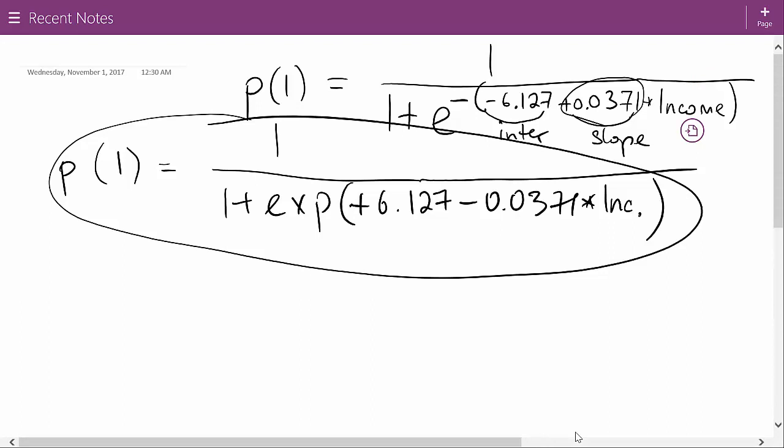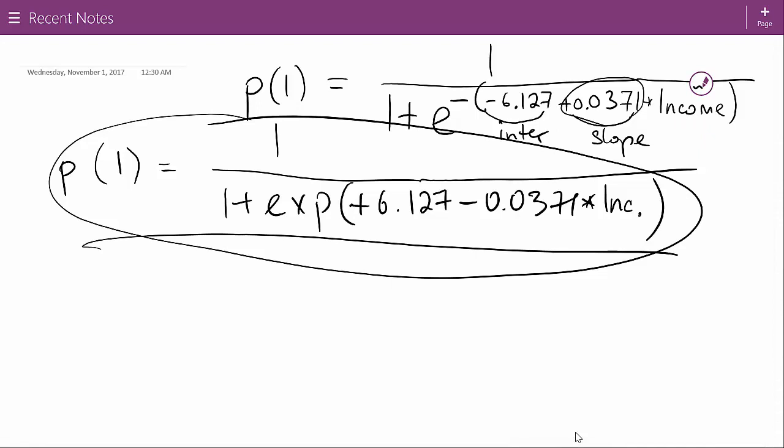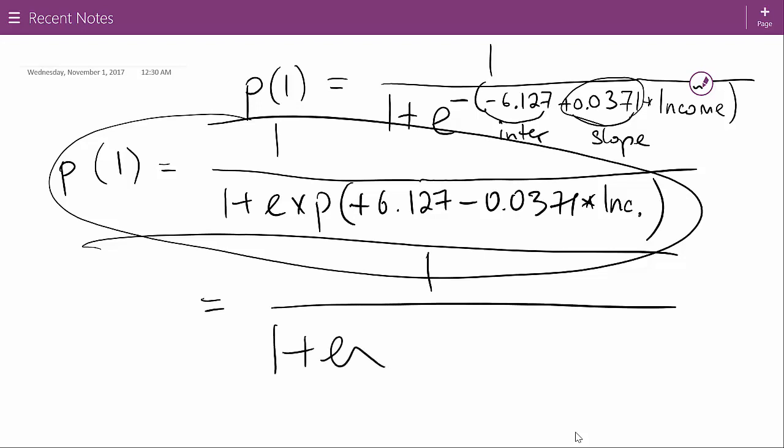So here is my model right there, okay? So what it says basically is as income is getting higher, the probability is getting larger. Well, let's see if it makes sense, okay? What happens if, let me rewrite this expression a little bit, okay? The probability equals 1 divided by 1 plus exponent of, what's this?